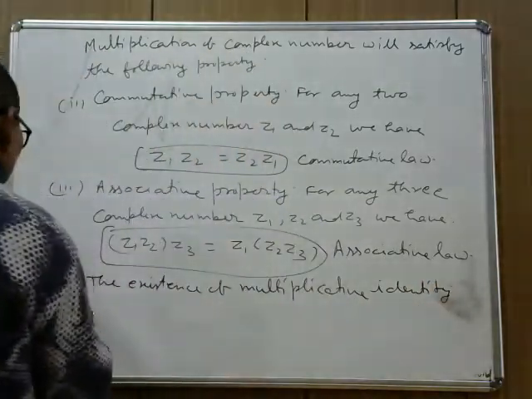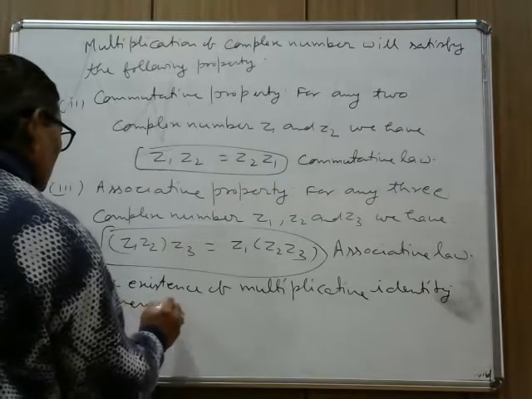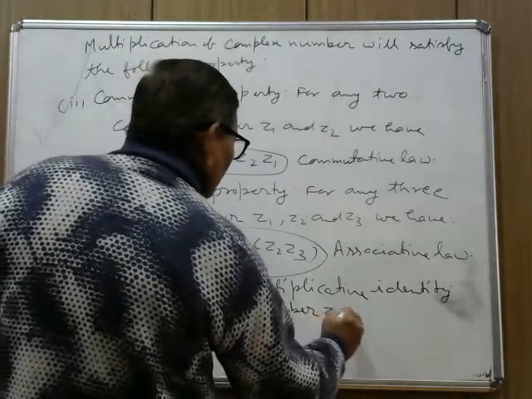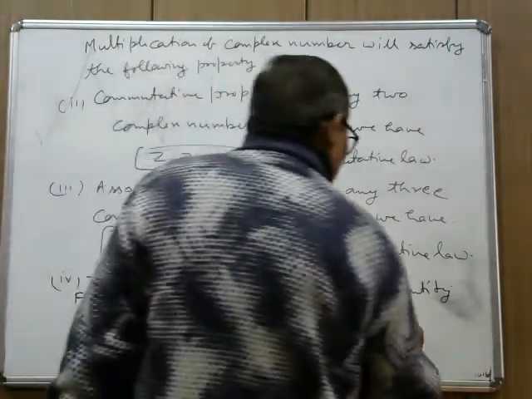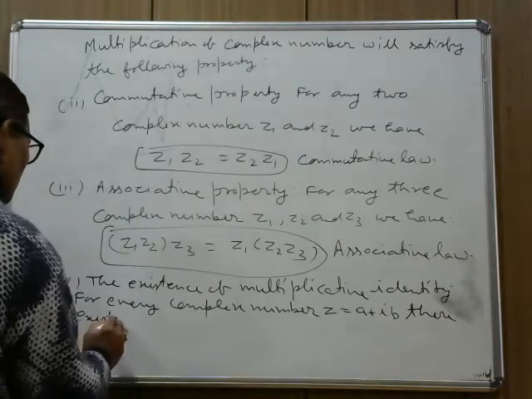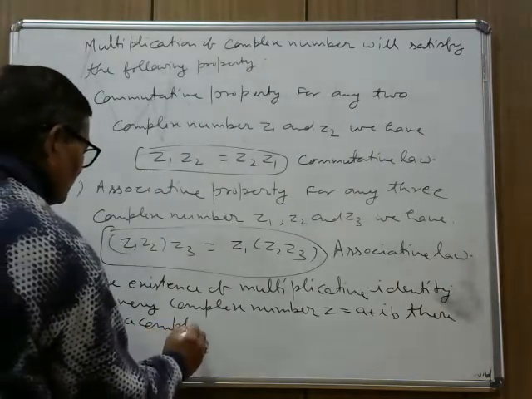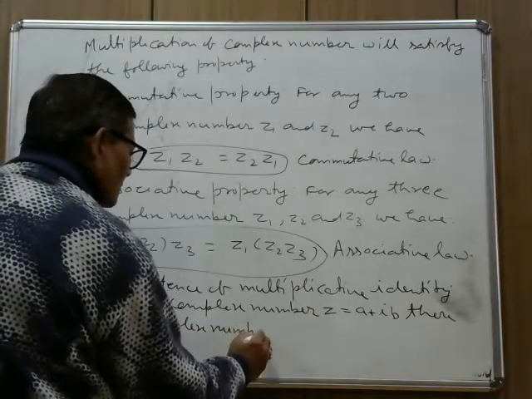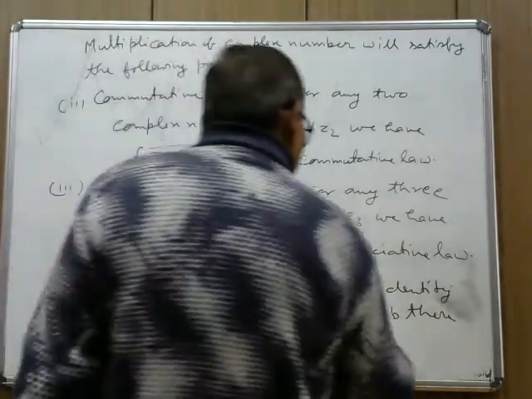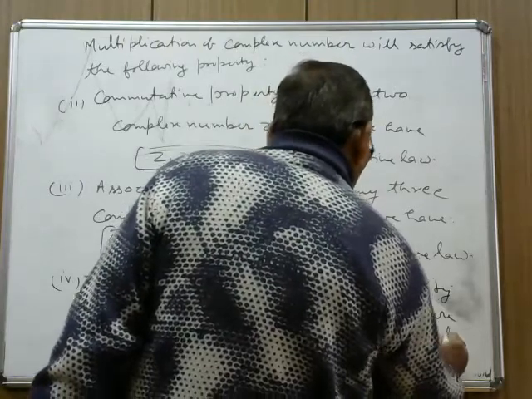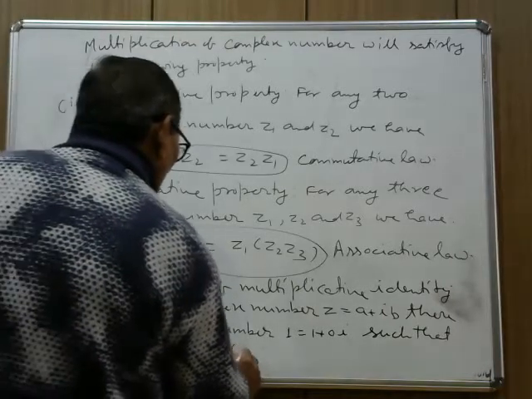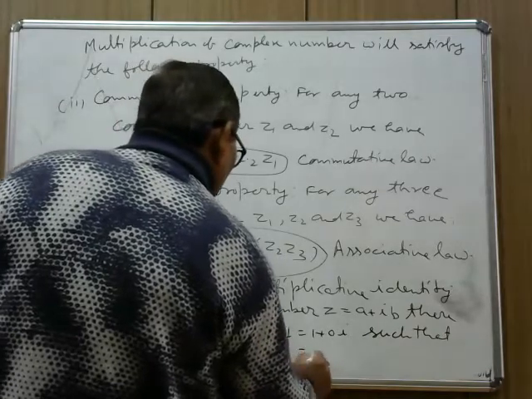For every complex number z equal to a plus ib, there exists a complex number 1, which can be written as 1 plus 0i, such that z into 1 equals a plus ib into 1 plus 0i, that is equal to a plus ib.